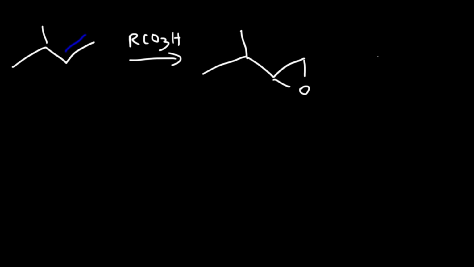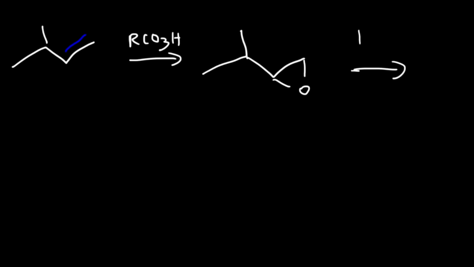Now let's talk about the reaction in part C, or answer choice C. So first, we're going to react it with a peroxy acid, RCO3H or MCPBA. This will give us an epoxide.